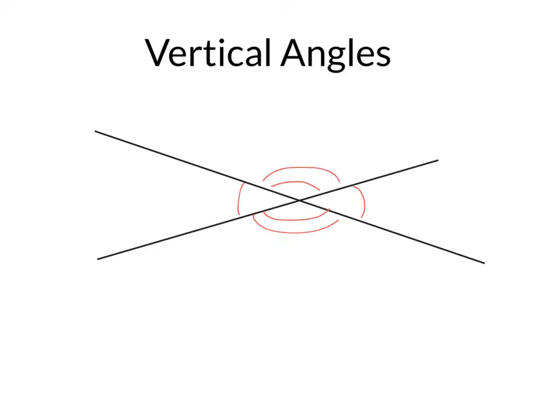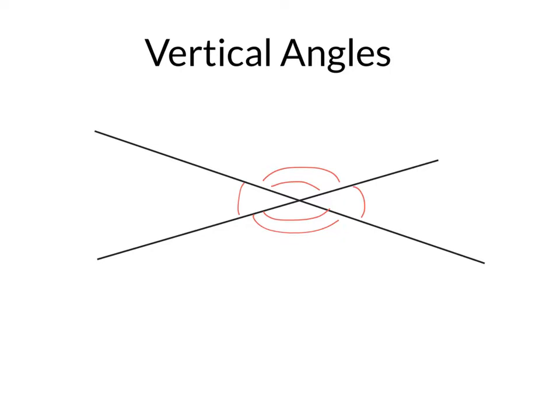So, the ones that are across from each other, what do we think we know about them? If you are thinking that they are congruent, you are absolutely correct. This angle right here and this angle across from it, those two vertical angles are congruent. These are also congruent.